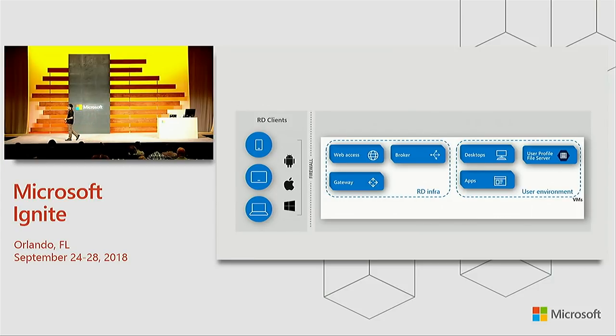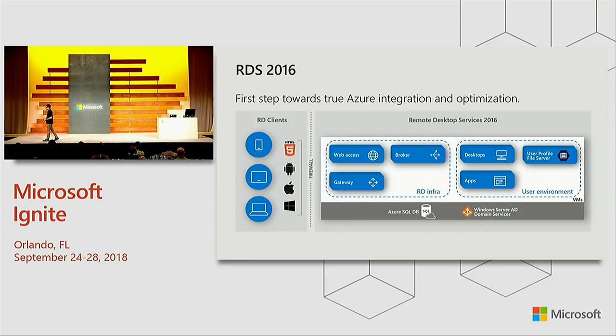So for 2016, we worked with those teams, and we made sure they worked with RDS and vice versa. So instead of having to stand up your entire SQL Server cluster, just use Azure SQL DB. If you are a born-in-the-cloud solution, use Azure Domain Services. Not that you can't do the other stuff. You can still have everything on VMs, but we figured this is easier.